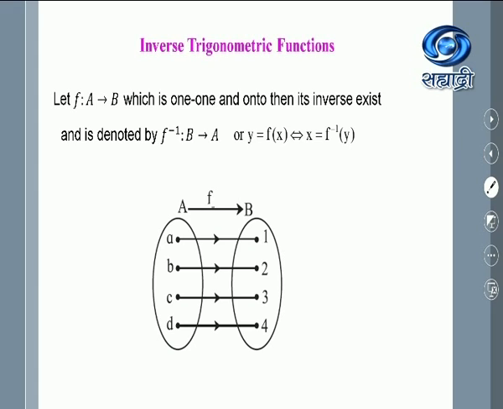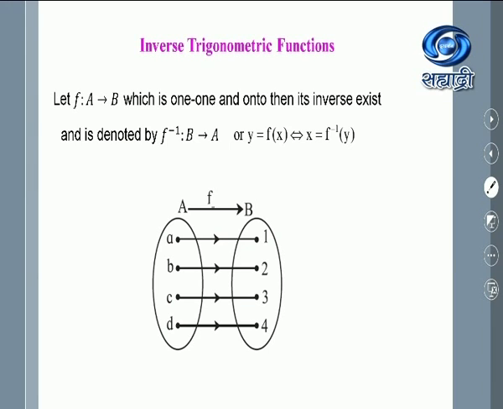Means what? Many arrows from the domain go to only one value, so the function becomes a many-one function. Therefore, the inverse of such trigonometric functions which are many-one we cannot find.